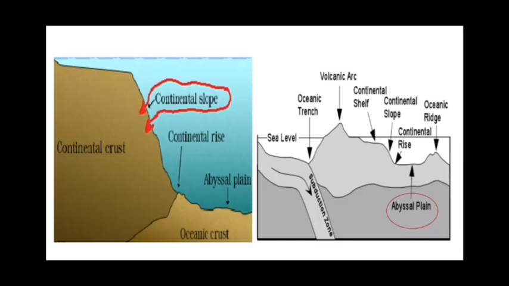Similarly, under the water, we have flat lands, which are called the abyssal plains. The abyssal plains consist of various submerged landforms. Along with the flat land, they also have different landforms like hills, plateaus, etc.